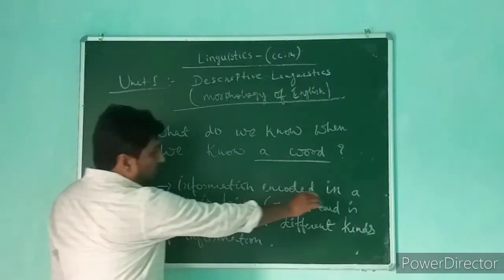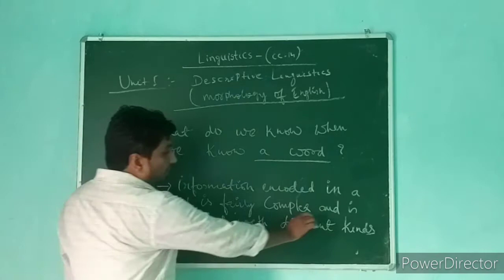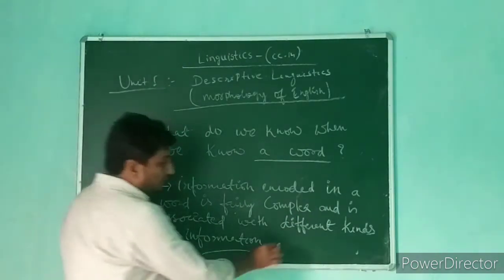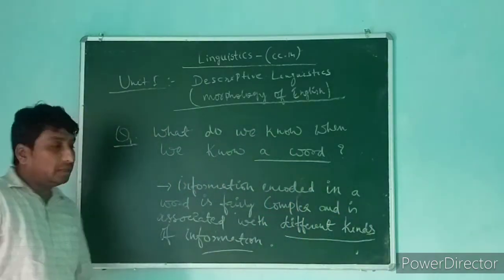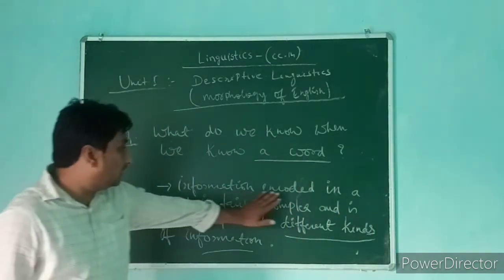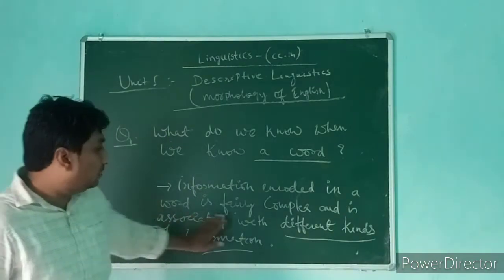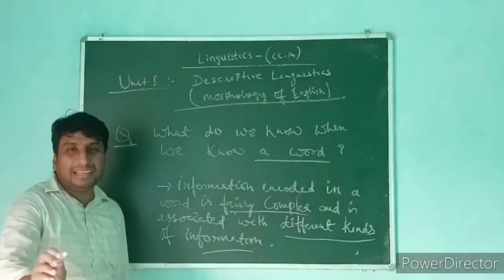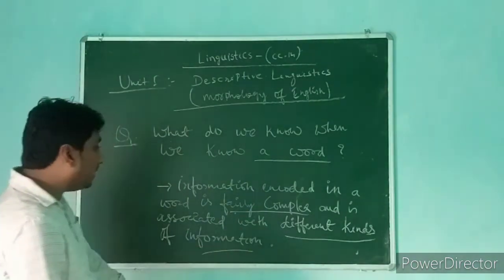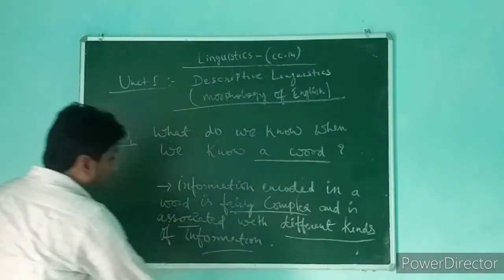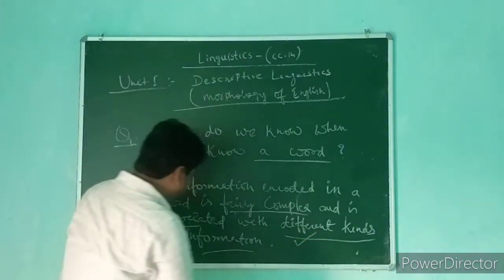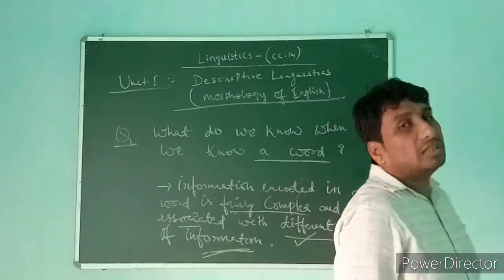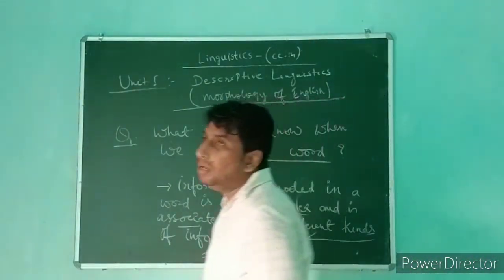Information encoded in a word is fairly complex, and it is associated with different kinds of information. What are those kinds of information? We will gradually learn in a while.